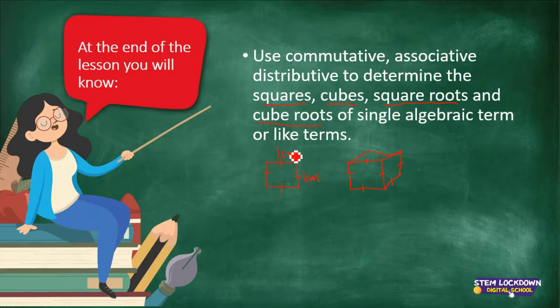The area of this square will be 1 centimeter times 1 centimeter. Obviously, 1 times 1 is 1. Centimeter times centimeter is centimeter squared. So basically, 1 centimeter squared is a square. This is what you call a square.